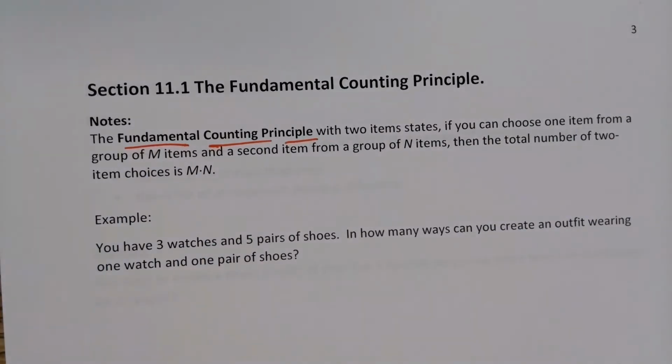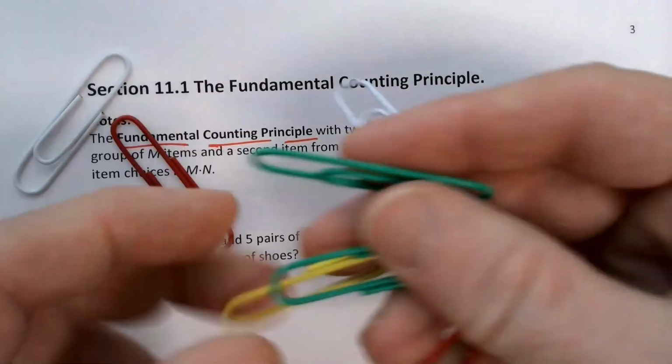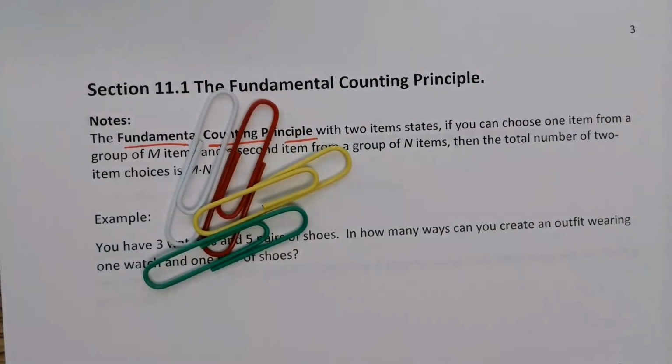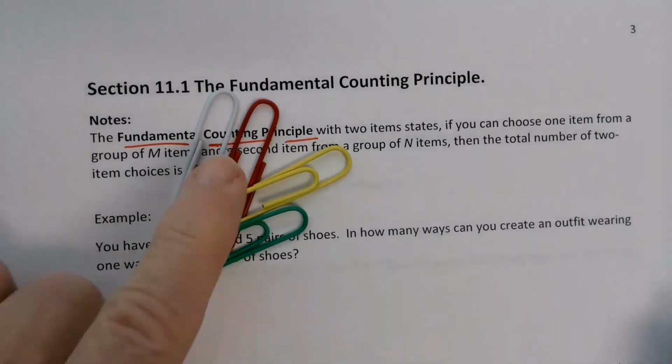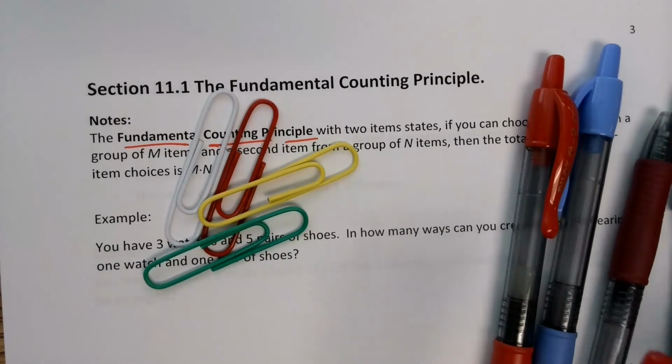So let me see this. Let me try to do this. Okay, so here's a group of those, right? And I got some pens here. All right. So I got a group of those, and I got a group of colored pens.